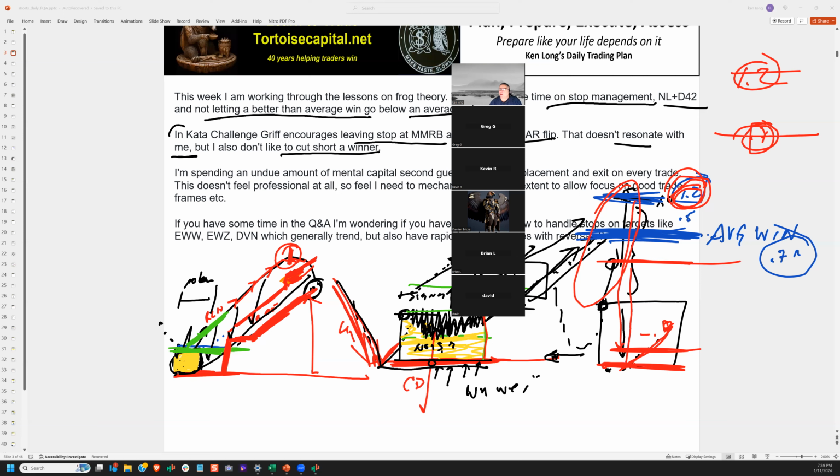So my general rule of thumb, and this overrides any other rules, is if I get to 0.7, I want my stop at 0.2 or better. If I get to 1.2, I want my stop at 0.7. If I get to 2.0, I have 3 times my average win.